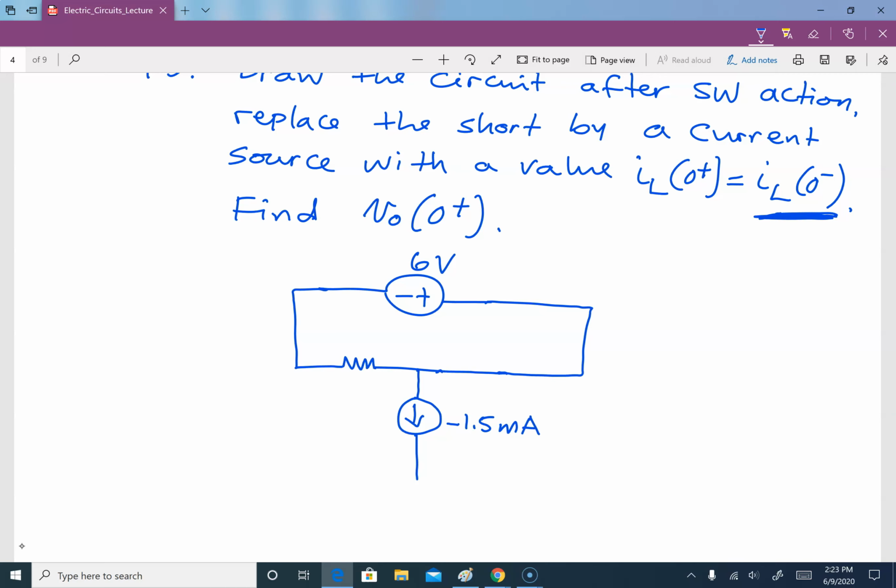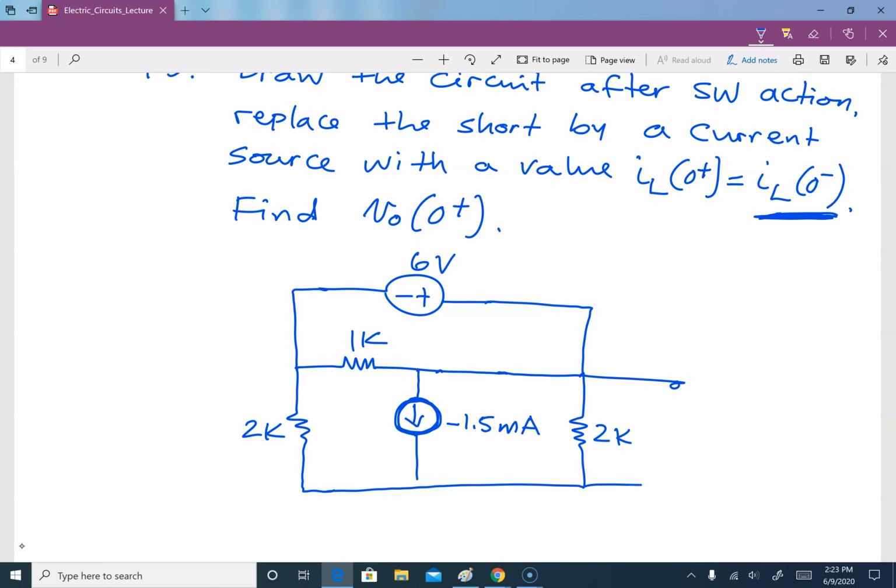So when we put our current source here, the direction should be downward since we assumed that going downward in our circuit. And then we have our 2K here, 1K, and this is 2K. And this is where we need to find the requirement, which is the V naught of 0 plus.